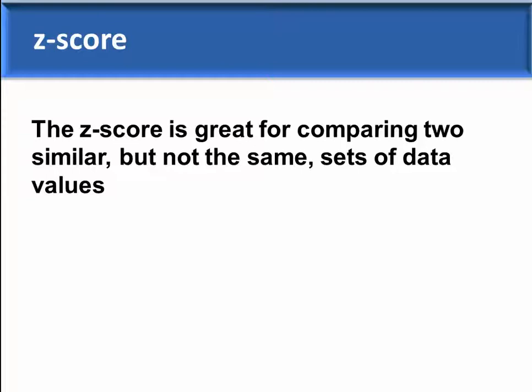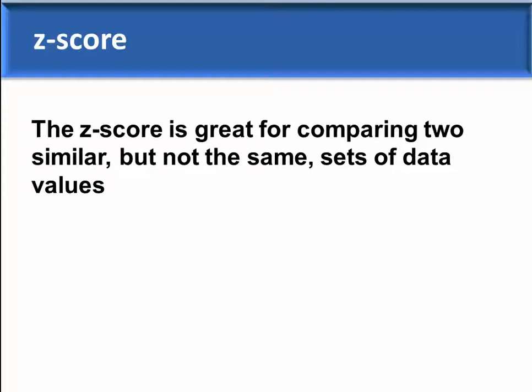So again, the z-score is great for comparing two similar but not the same sets of data values. Another example may be women's shoe sizes to men's shoe sizes. It might be the length of time it takes somebody to do something who's 20 versus the amount of time that it takes somebody to do something that's 50.